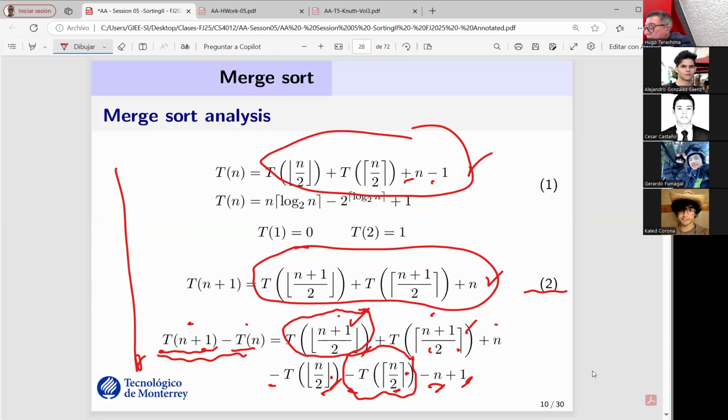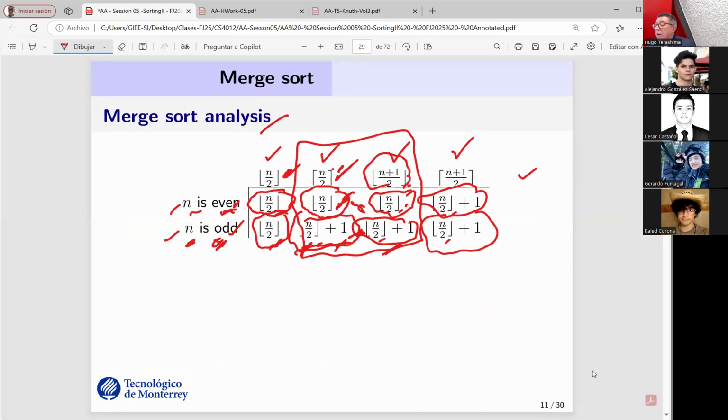This is the same as this. And this is subtracted from this one, so I can eliminate this too, right? And I can just leave the other in the terms that are given here, which is n over 2 floor for the two cases and n over 2 plus 1 for the two cases.